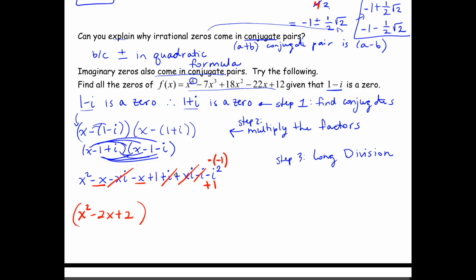So we're going to divide that big polynomial, x to the 4th, minus 7x cubed, plus 18x squared, minus 22x, plus 12. And we're dividing that by what we found. x squared minus 2x plus 2.